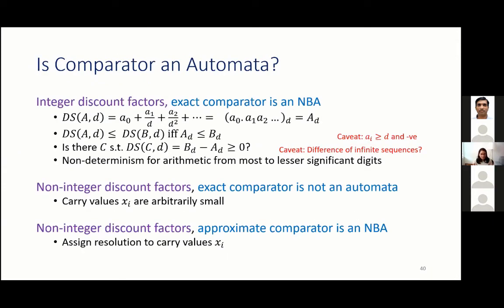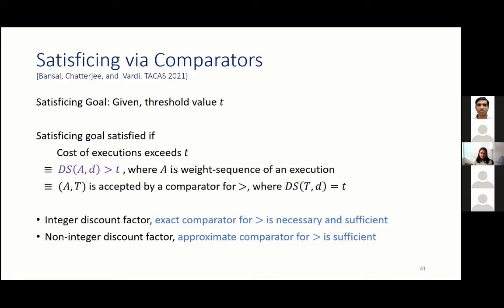To wrap up this part of the story: when the discount factor is an integer, exact comparators are non-deterministic Büchi automata. For non-integer discount factors, exact comparators are not non-deterministic Büchi automata. We can prove that. Instead, if we allow a small degree of approximation, then the comparators can be made into NBAs.